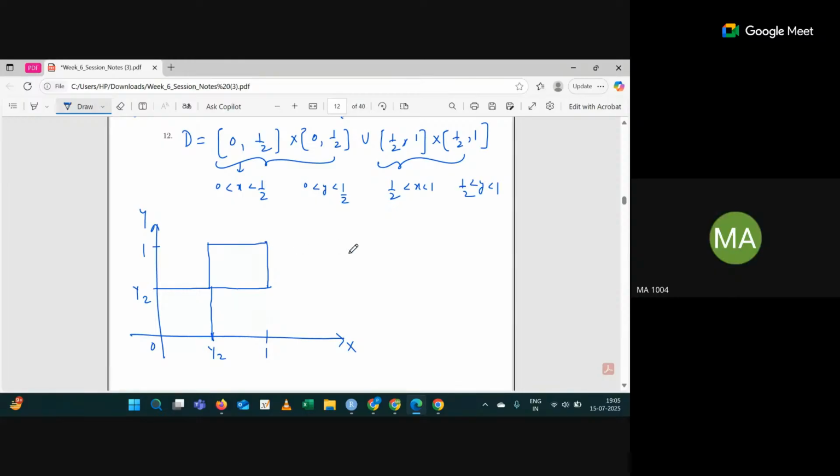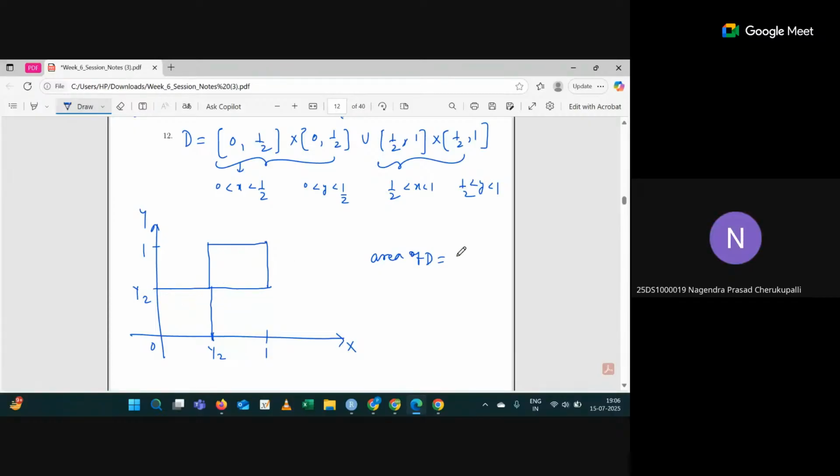So now, what is the area of D here? If I were to calculate, the area of D will be the sum of both squares. What's the area of D here? It's half into half, right?